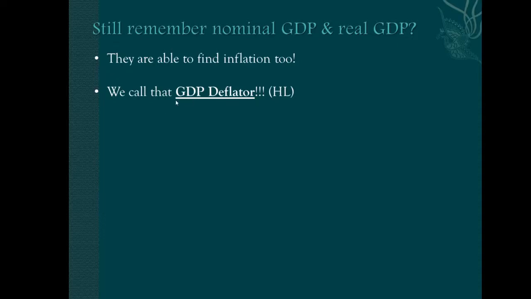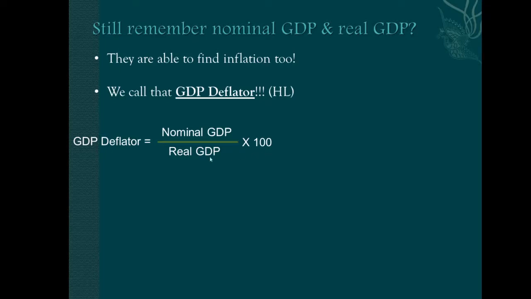This one here, GDP deflator, it's just a name. It's just basic mathematics; we try to put a name on it. This is how we calculate it. We use the nominal GDP over the real GDP, and then we multiply it by 100. So this is the GDP deflator.